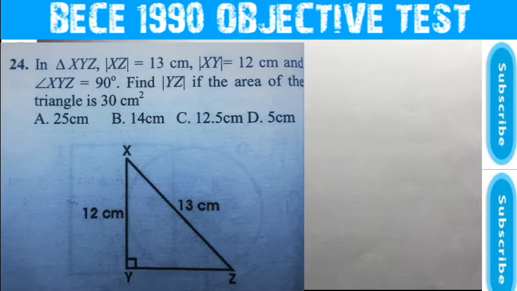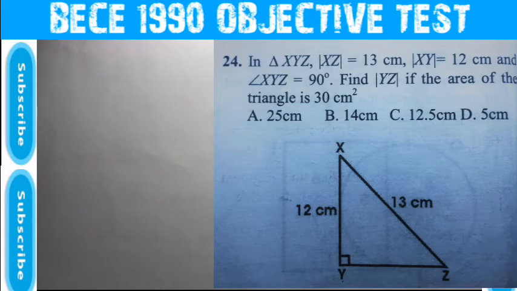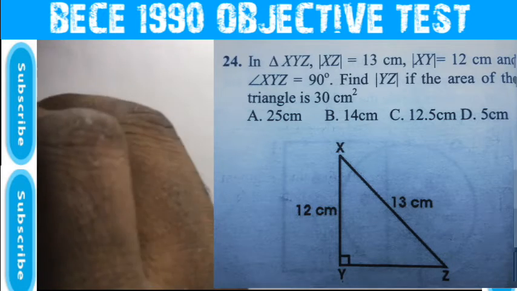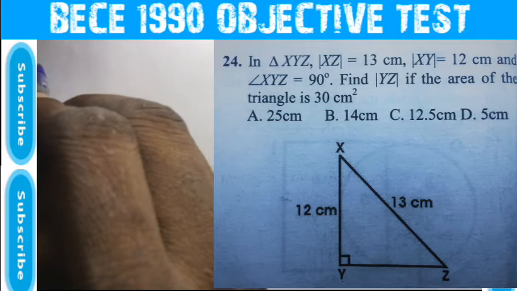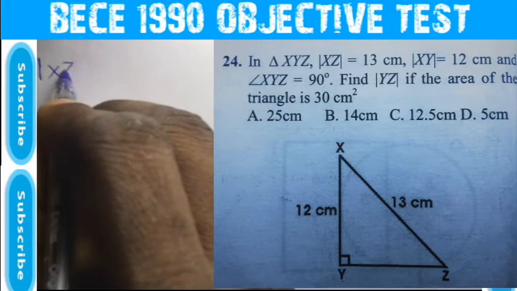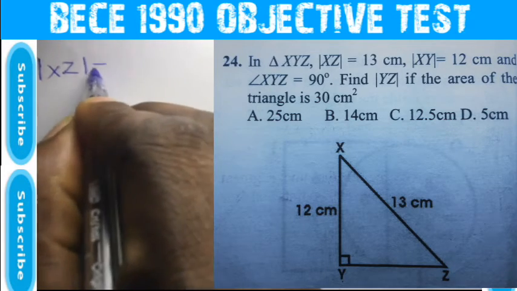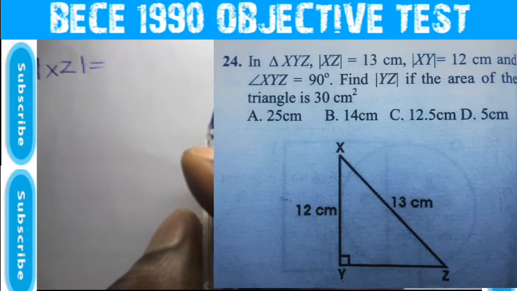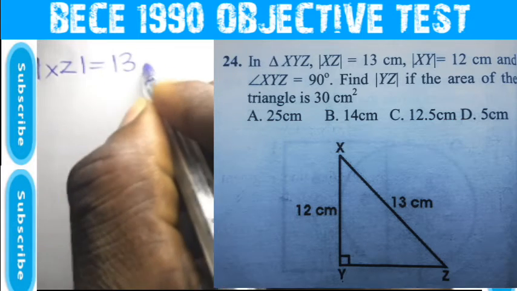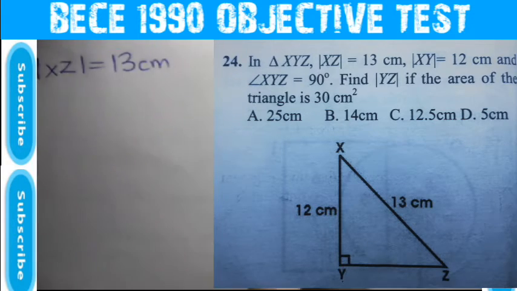So let's write down the lengths that we've been given from the question. We have the length XZ, which is equal to 13 centimeters.